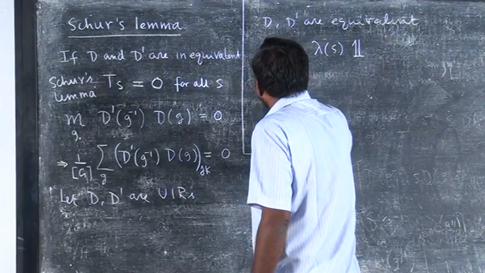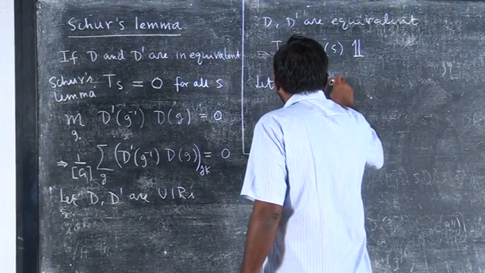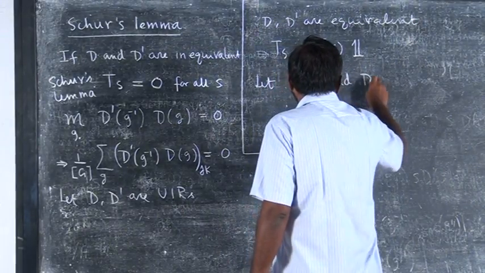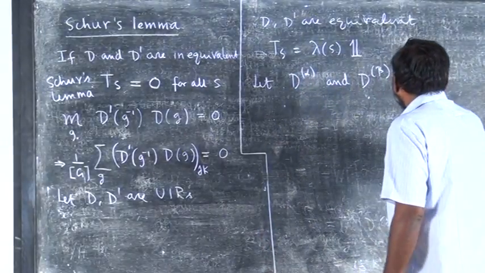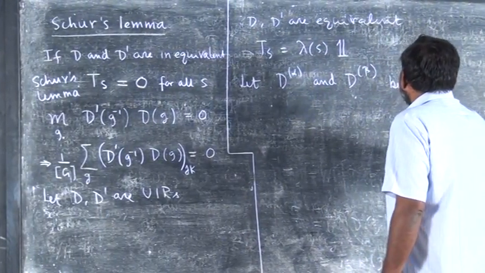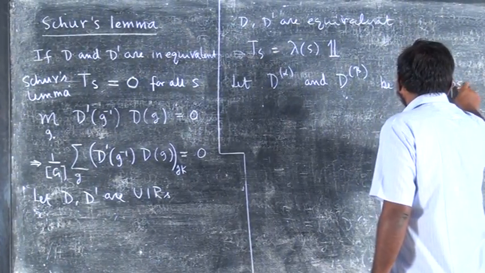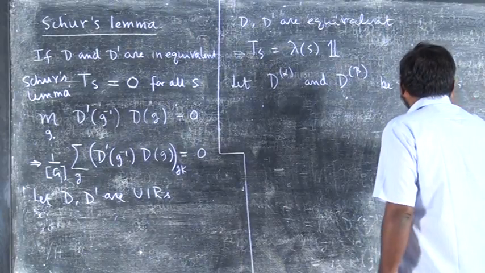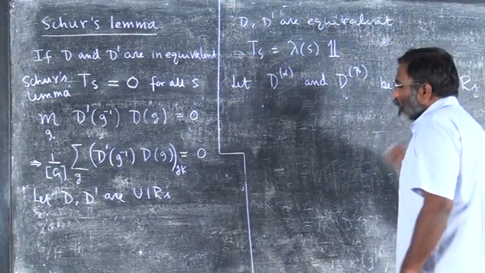So let D of alpha and D of beta be two irreducible representations. Okay, so let's say two UIRs, unitary irreducible representations.